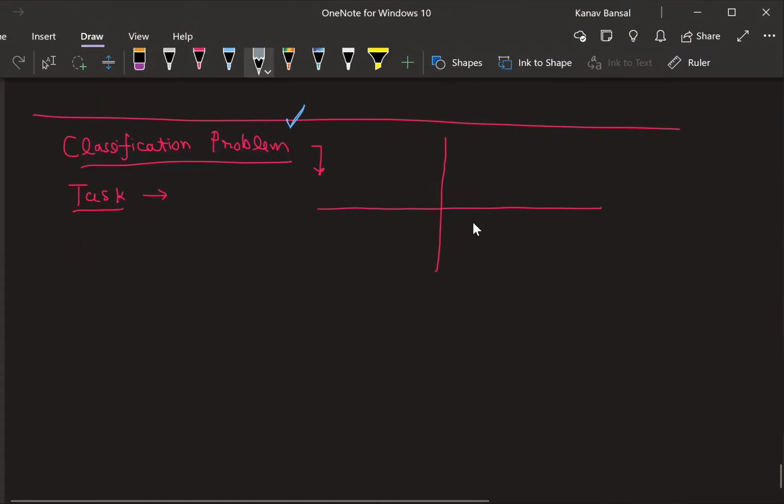Okay, let's talk about a line which simply passes through the center, which is able to separate out positives and negatives. Sorry, this is a time-taking process, me drawing these lines. So let's say this is the direction in which the line is facing.